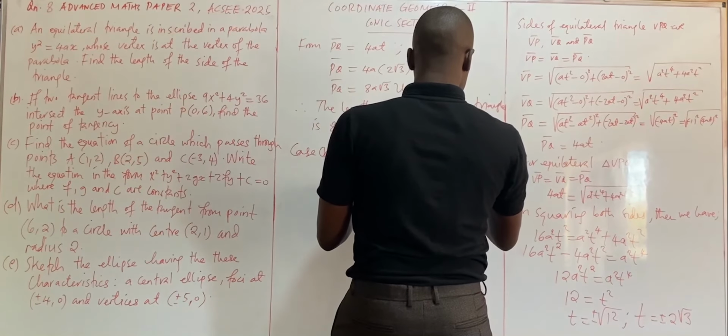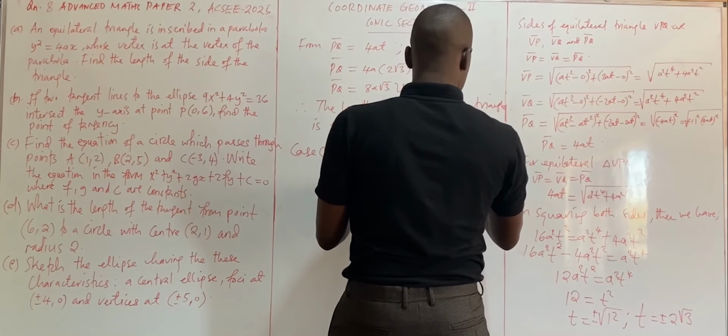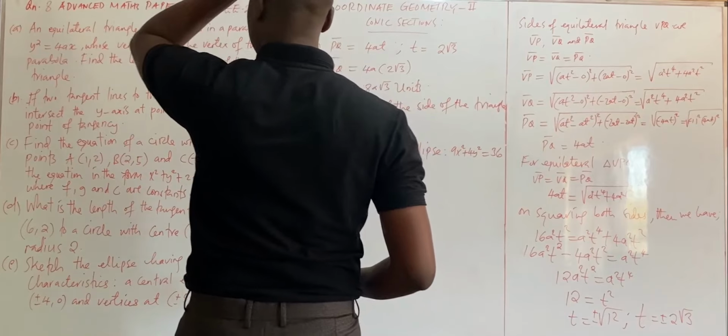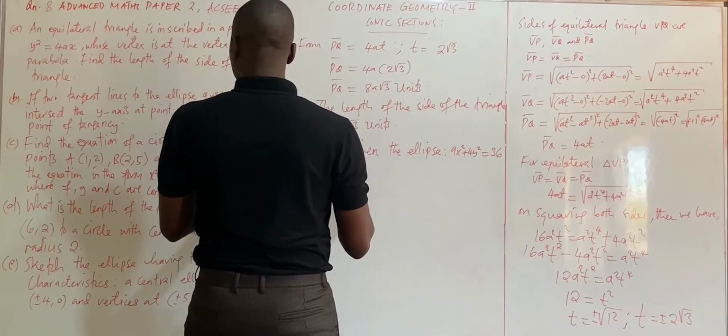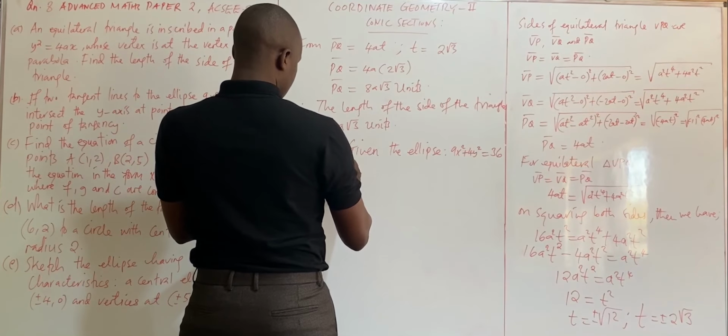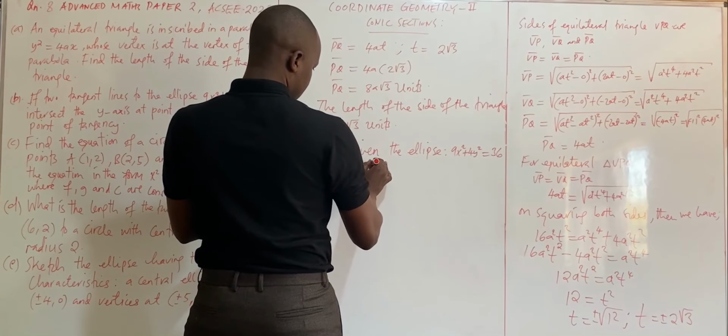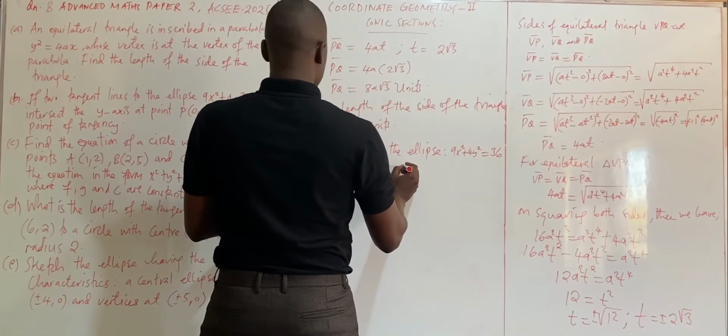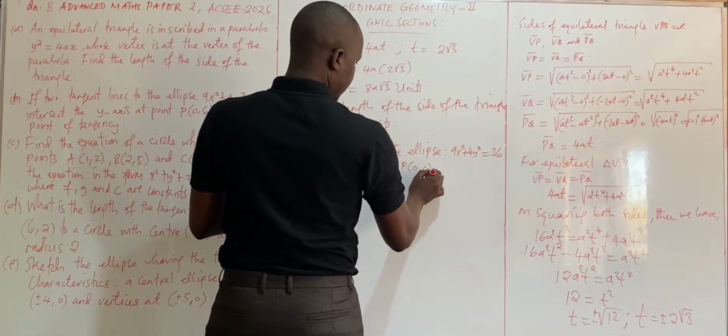At the point this much, that means the y-intercept. So the y-intercept here is the point P (0, 6).